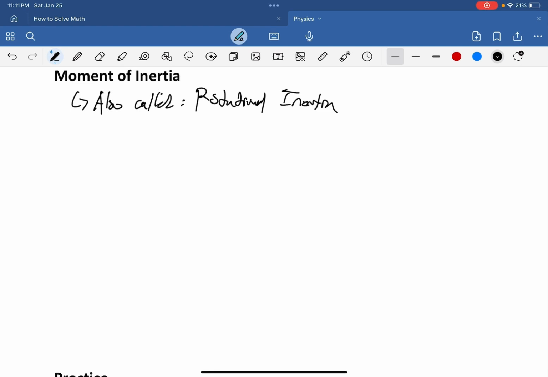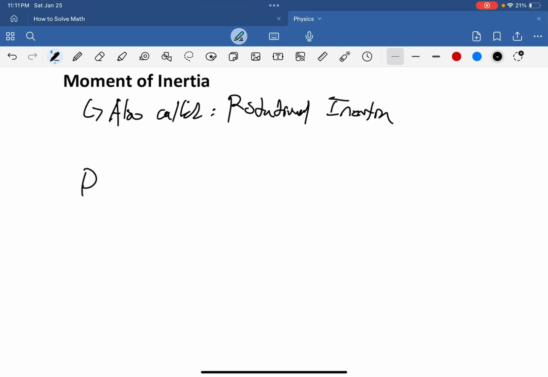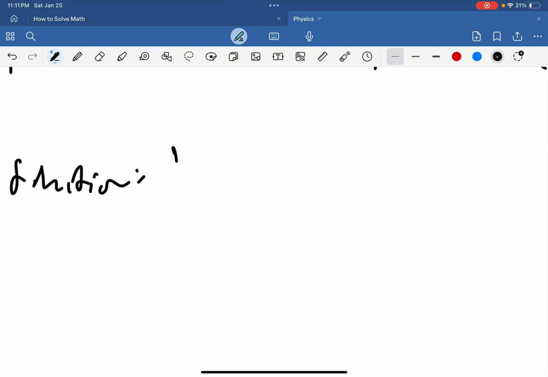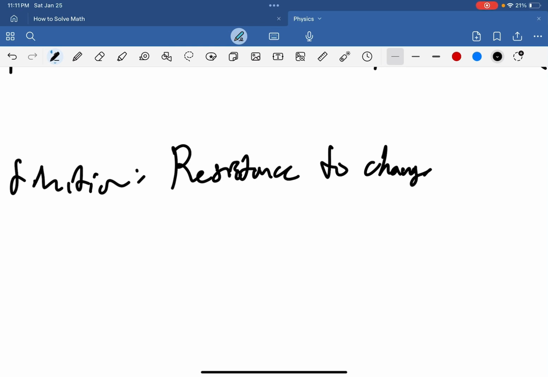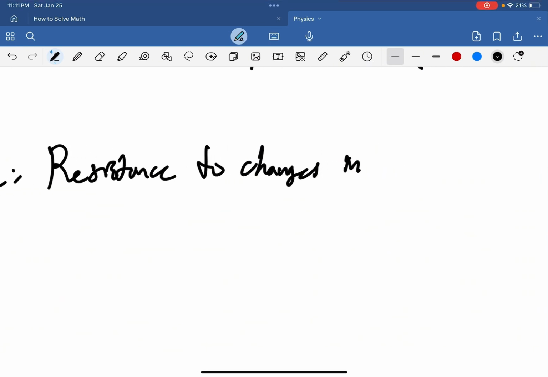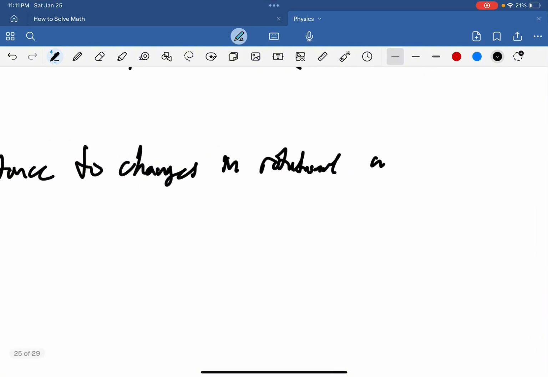And the definition is, let me write this down. Resistance to changes in rotational motion.